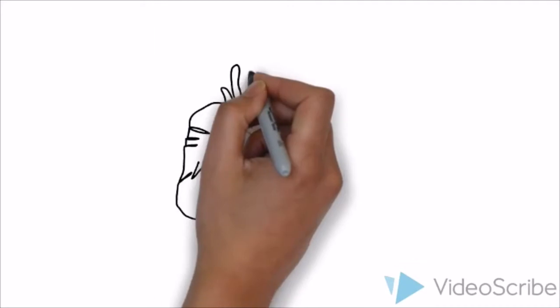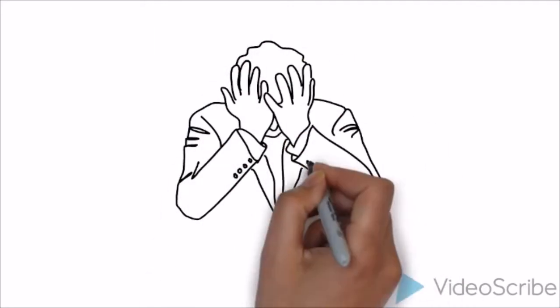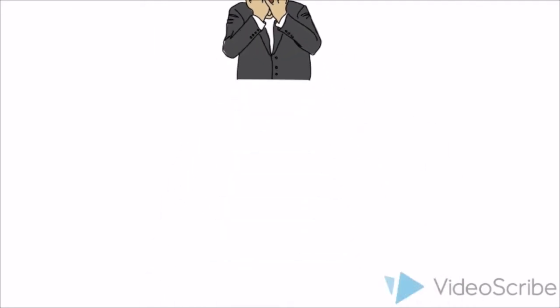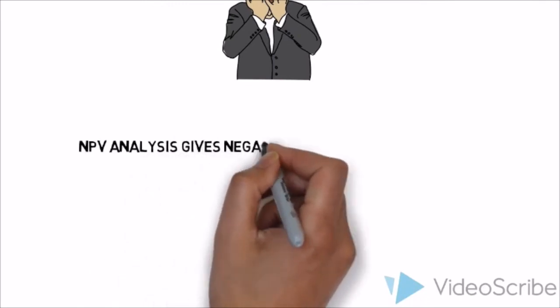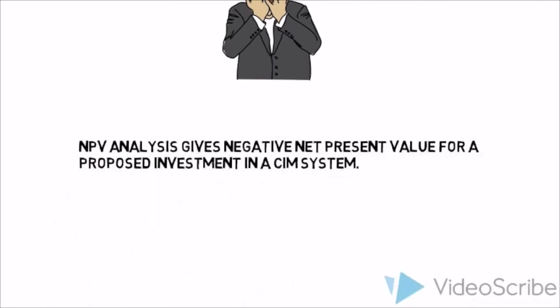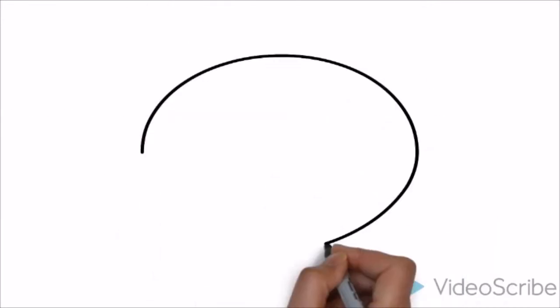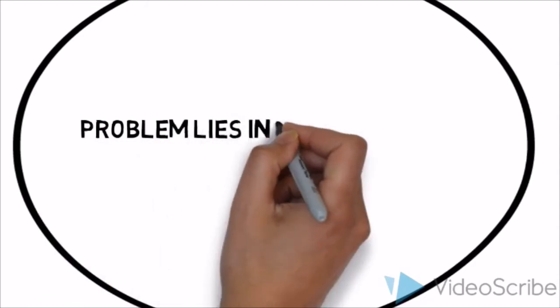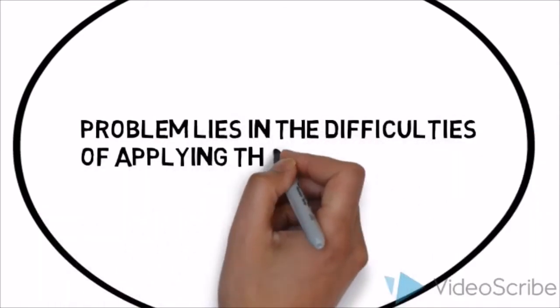However, there are many managers who have been frustrated when a net present value analysis projects a negative net present value for a proposed investment in a CIM system. The problem here lies in the difficulties of applying the net present value approach in a CIM investment decision.